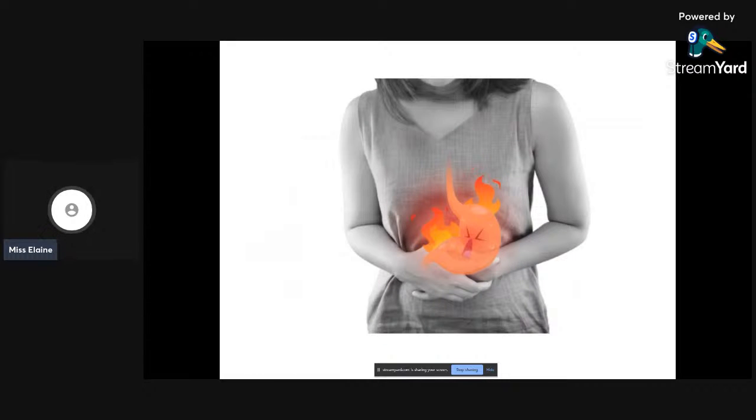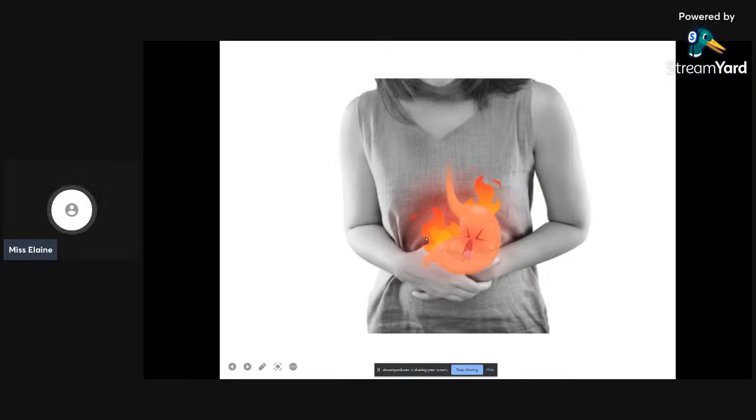How about in our body? Do you think acid has something to do with our body? Is it yes or no? The answer is yes. Why? What is the role of acid in the stomach? What do we call the acid that we have in the stomach? That's hydrochloric acid.